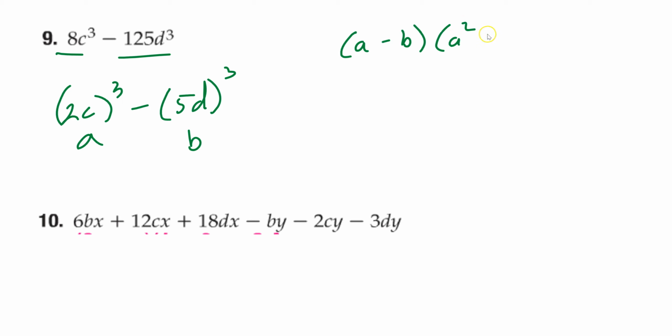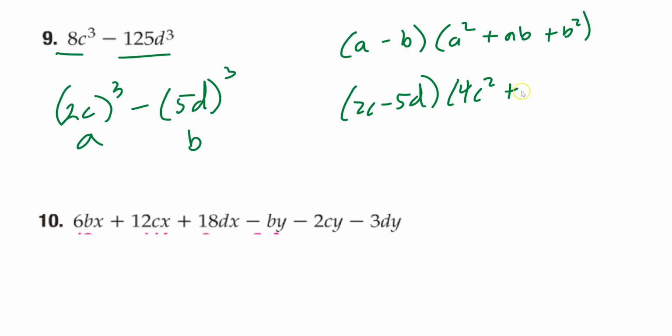Same, squared, different, positive. So it would be 2c minus 5d. Then you got to square it. 2c squared is 4c squared plus, multiply them together. So 10cd plus 5d squared, which is 25d squared.